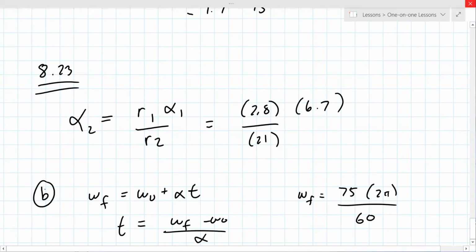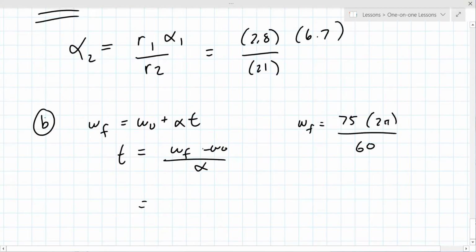That number goes in this W final, 7.53. W initial is 0, and then your alpha is what you calculated in the previous step up here. So divide that by, what was it, 0.89? It should be 8.47. How much? 8.47.